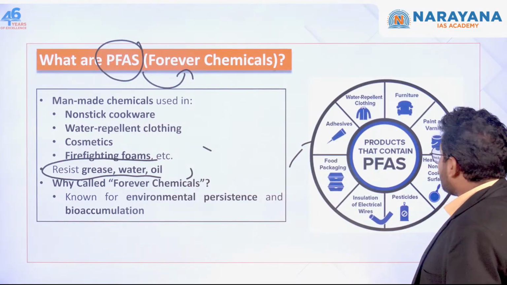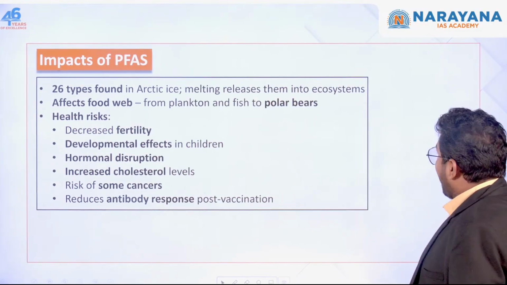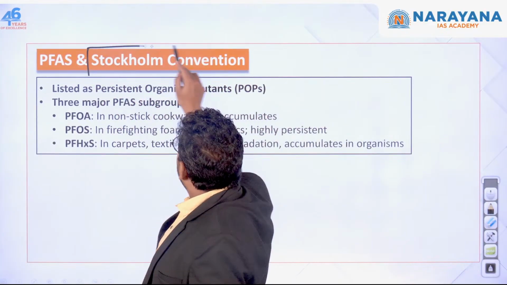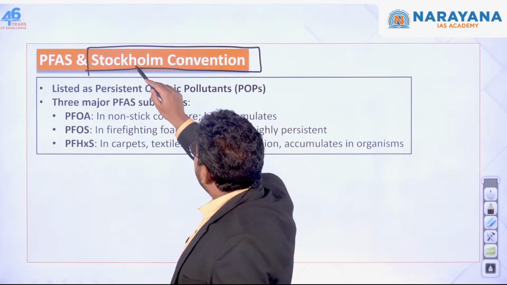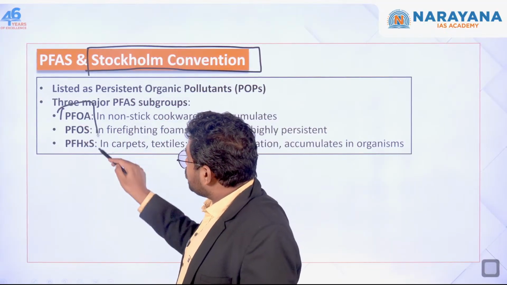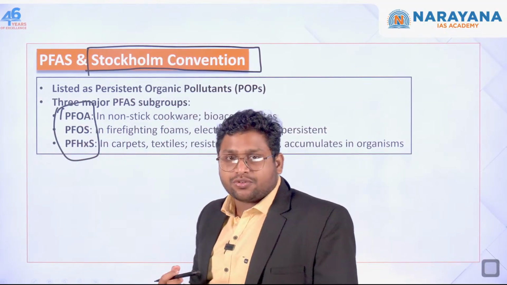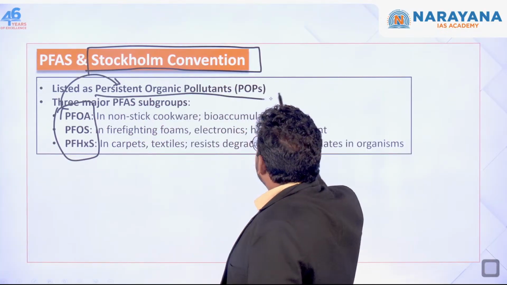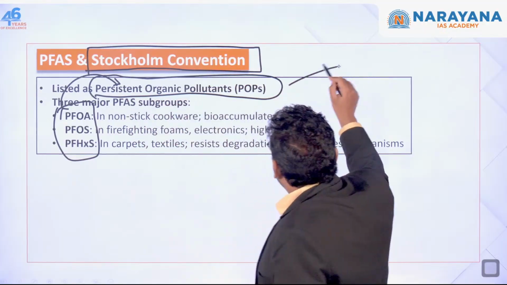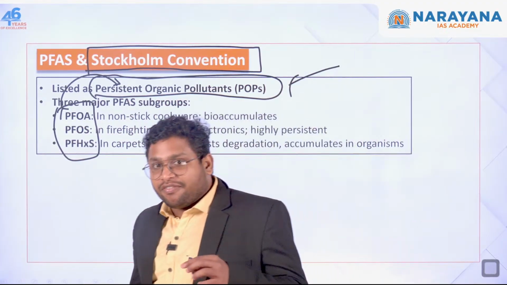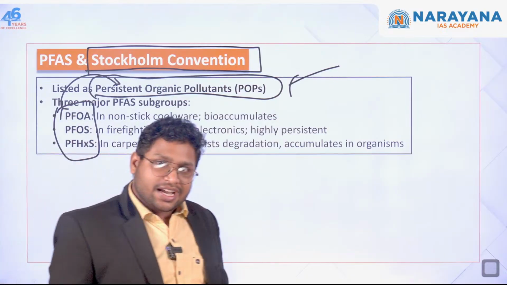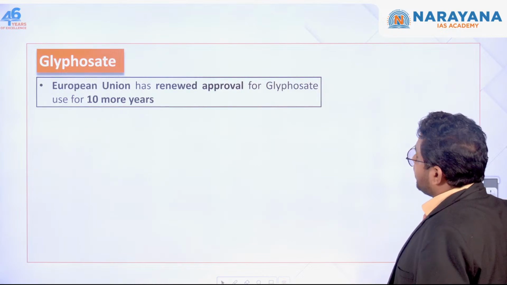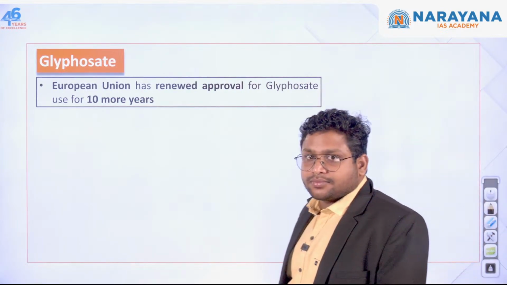And then you should know about the Stockholm Convention, wherein we have listed some of the PFAS. You should remember the names also. It would be better if you remember the names. These are listed as persistent organic pollutants, and all those in this list are very much regulated by the international community. Okay, you should know all this. Clear?